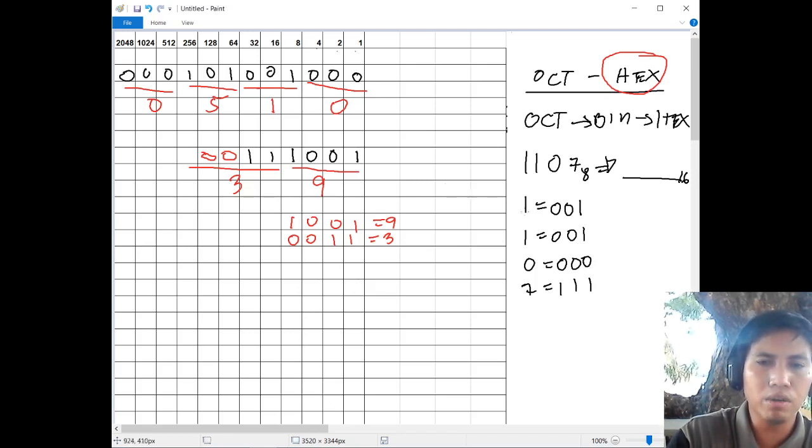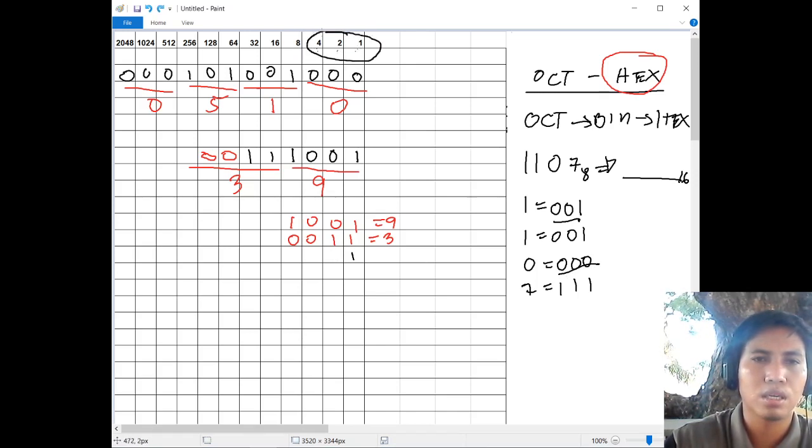Basic conversion of 1 to binary: 1, ito lang siya, dapat. Pero dahil 3 digits siya, nilagyan ko ng dalawang 0. Then we have 0, 0 lang yan. If we have 7 naman in here, 4 plus 2 plus 1 is 7 actually.